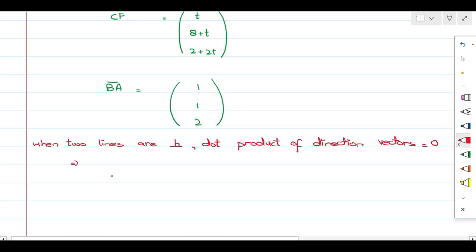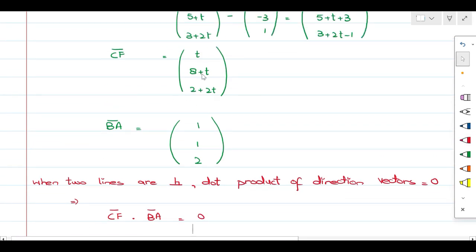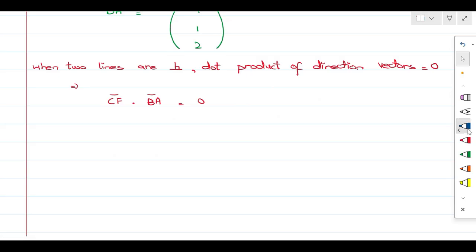Okay, so what does this mean? It means the dot product of CF and BA should equal 0. So 8 plus t, 2 plus 2t, the direction vector of the first line, dot product with the direction vector of the second line, should equal 0, right?